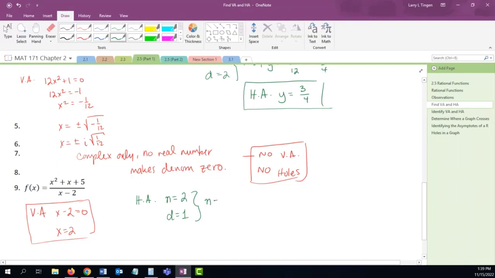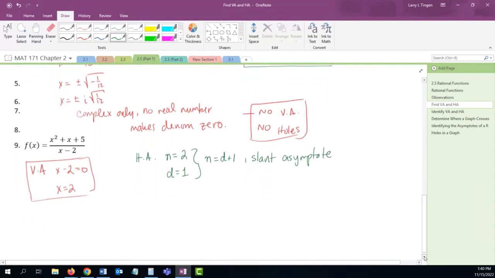When N is 1 more than D, we have a slant asymptote. There's no horizontal asymptote here. There's a slant asymptote. How do I find it?